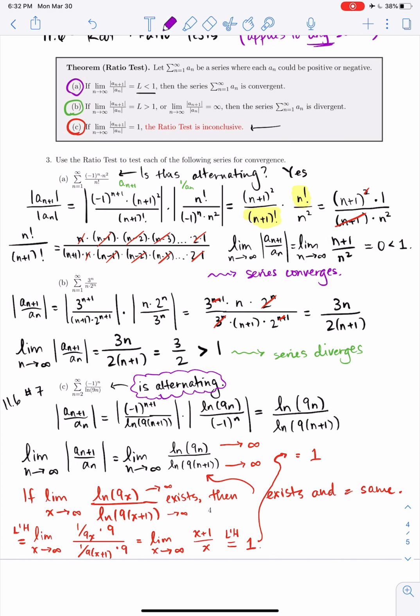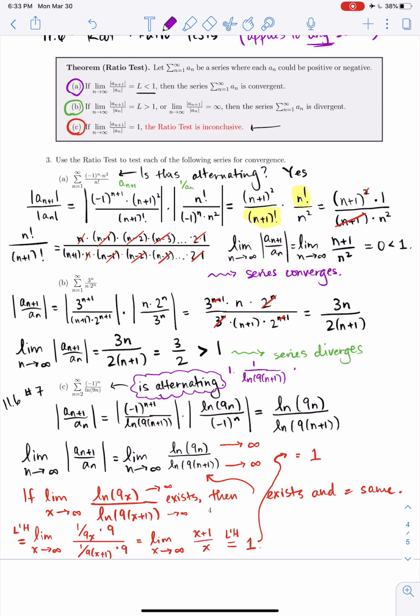So let's do that. The first thing we have to check is that our base terms of the alternating series are decreasing. Sorry, not a sub n like we were doing here, but our base terms in terms of an alternating series.